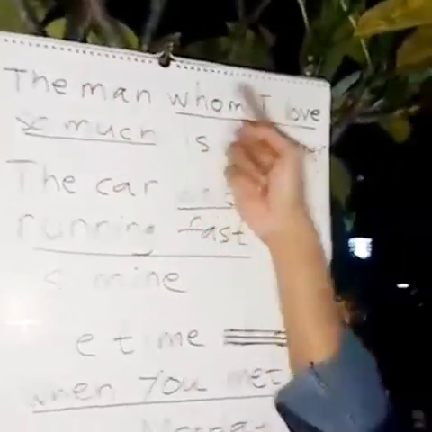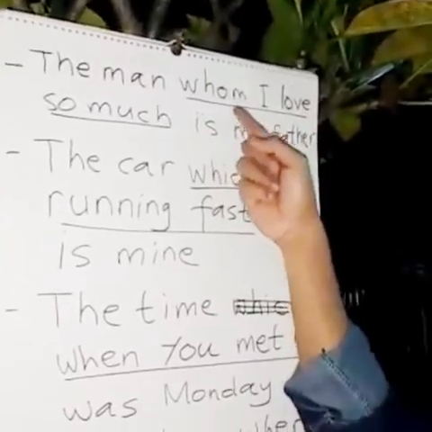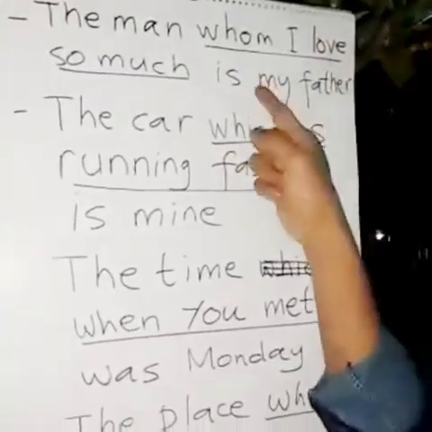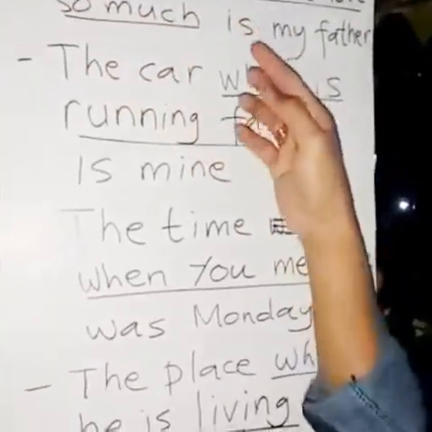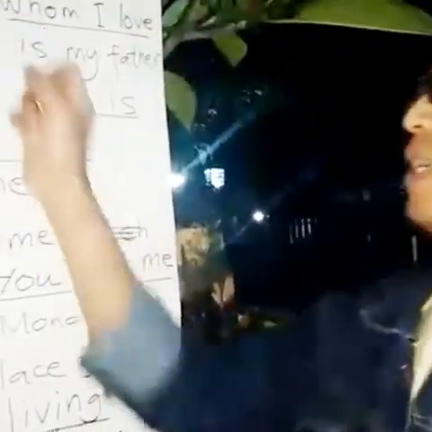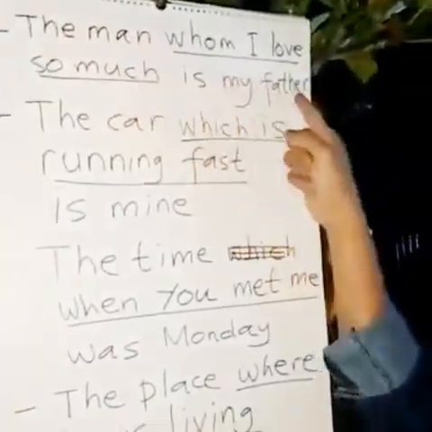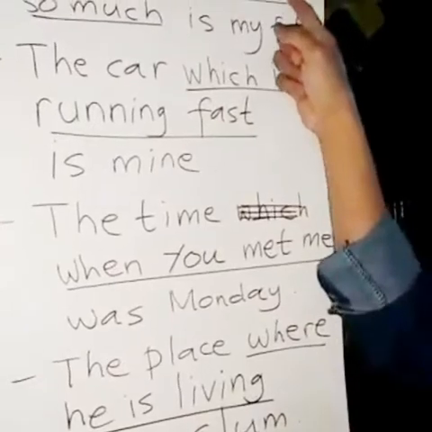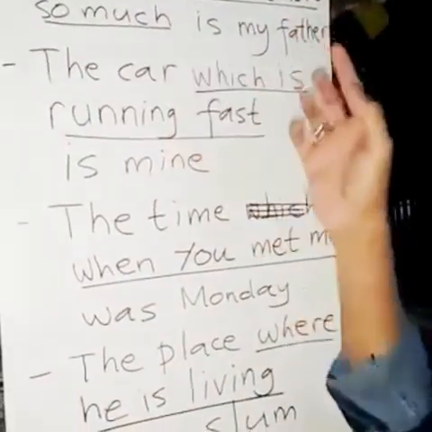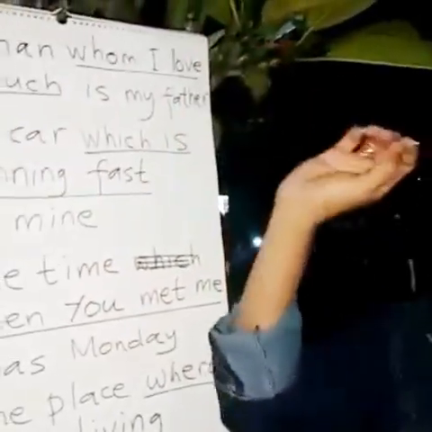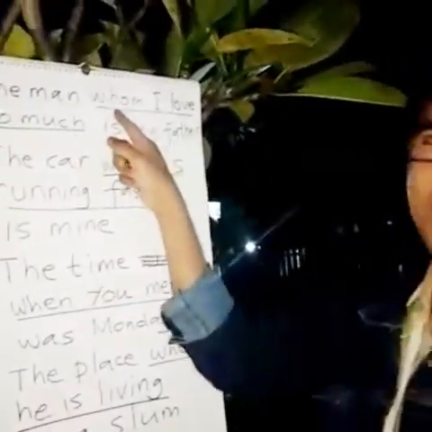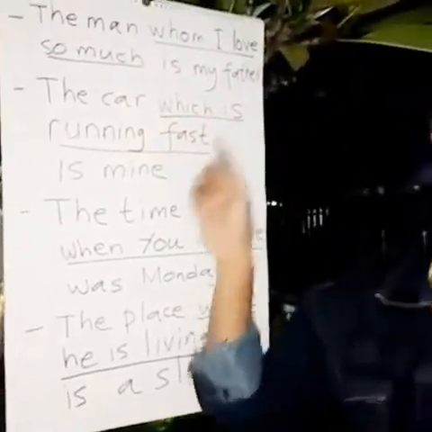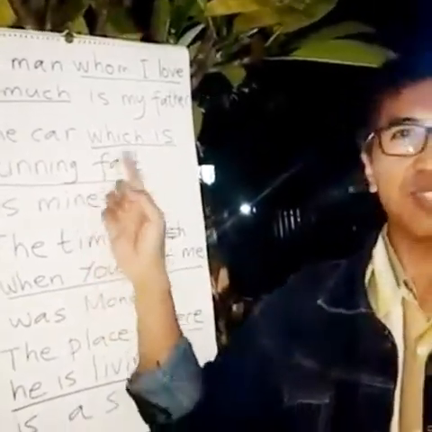The adjective clause here is in the position of object, because originally this sentence derived from two sentences. Sentence 1, the man is my father. The second sentence is I love the man so much. So we omit the man and replace it with whom. The man whom I love so much is my father. So this time the adjective clause serves as object.